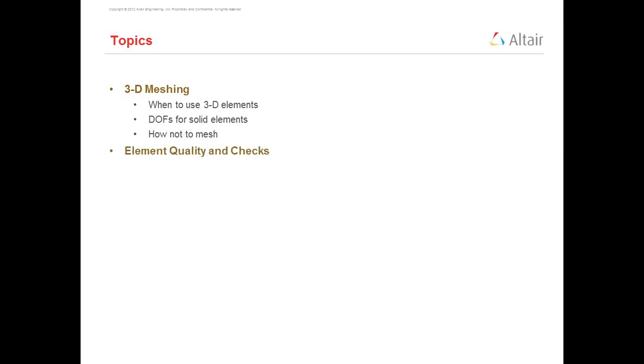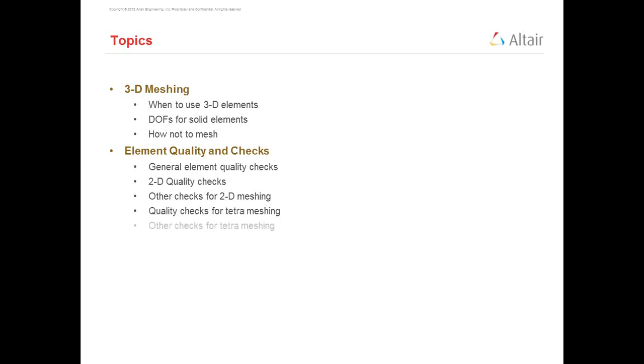Then element quality check, general element quality check, particularly for 2D meshing or 2D elements quality check, other checks for 2D meshing, quality checks for Tetra meshing, that is a 3D element, other checks for Tetra meshing, brick mesh quality checks, again this is a 3D element, other checks for brick meshing.